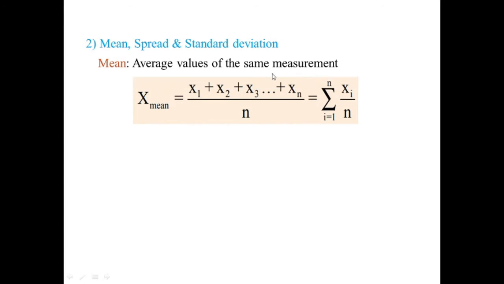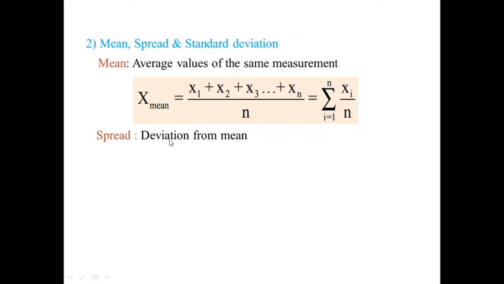Next one is the mean, spread and standard deviation. The mean, as all of you know, is the average of the values of the same measurement taken. If you want to take the average of values of x from 1 to n, then the mean is given by x1 plus x2 etc. up to xn divided by the total number of measurements taken.